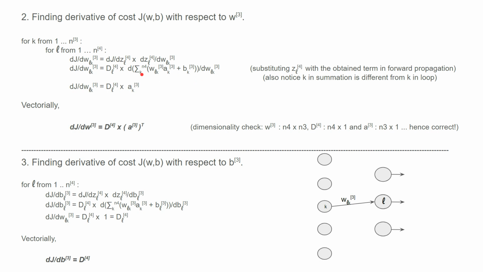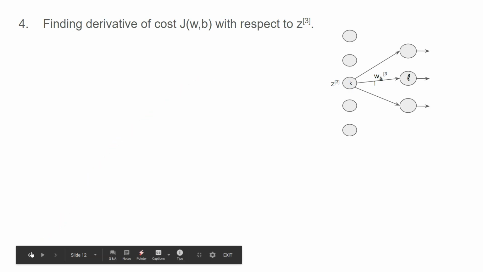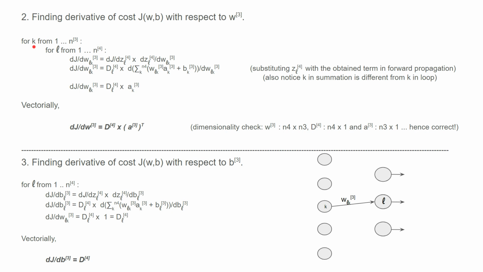Here please notice that the k is for the summation, and here the k is the variable of the loop. dJ by dWLk equals dL4 times ak3.